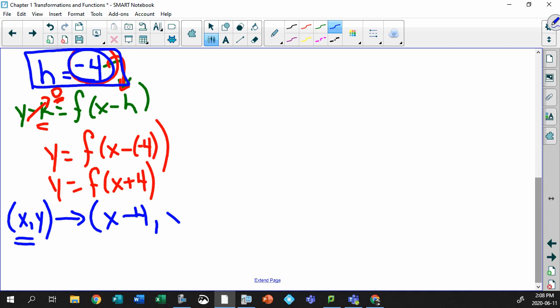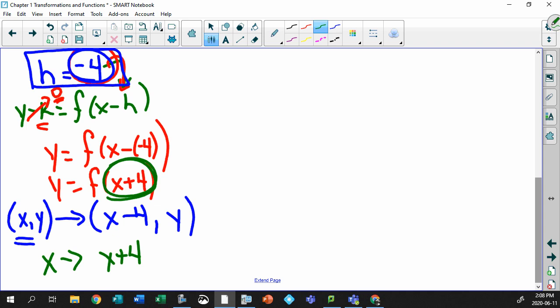The y's did not change. There's your map. Now let's do the replacement. All you did is take the x and replace it with x plus 4. You're done. That's how easy it is.